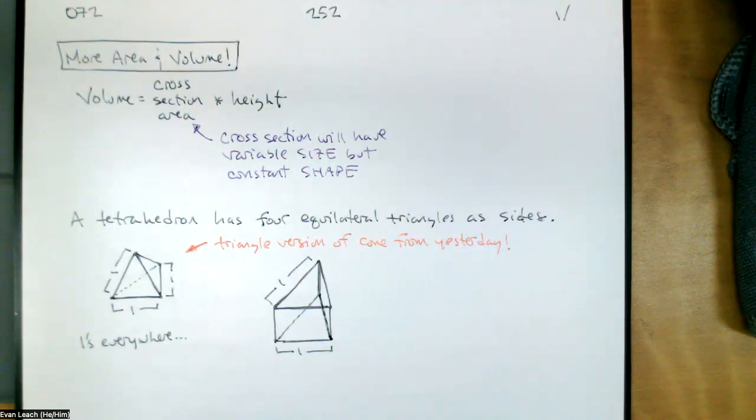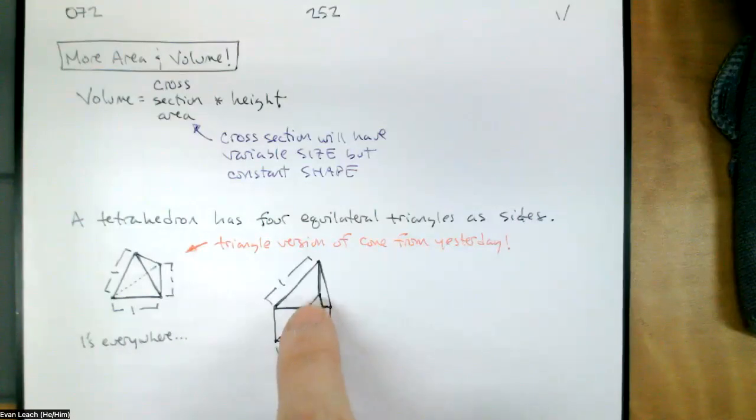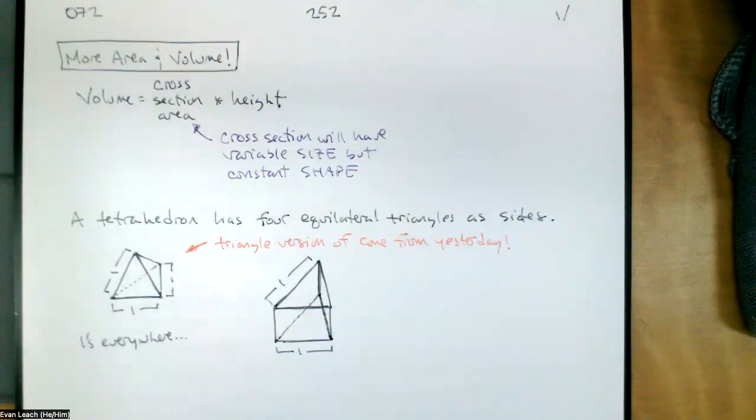So we're gonna do a similar thing that we did yesterday. Yesterday, we looked at a cone, and we know that a cone is formed by taking a cylinder and just sharpening to a point. Specifically a point above the center, but it doesn't have to be as far as the height goes.